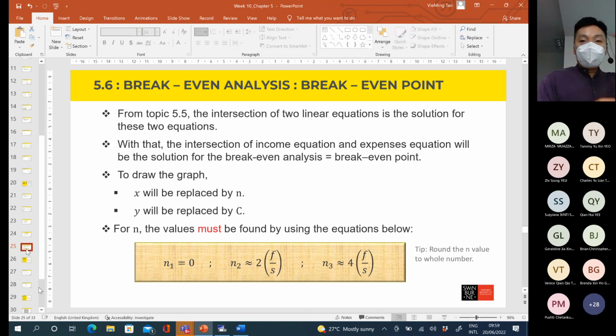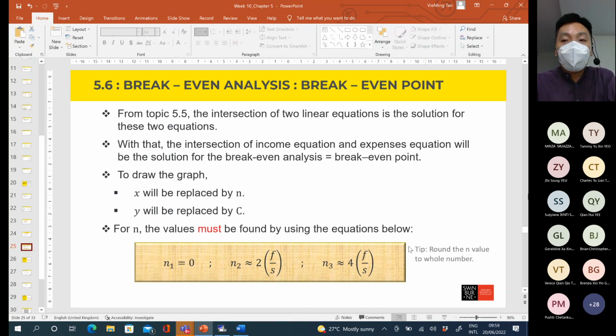Let us learn how to use the graph first. Since this applies to the business world, it's better to have at least 3 points for drawing the revenue equation and the cost equation.